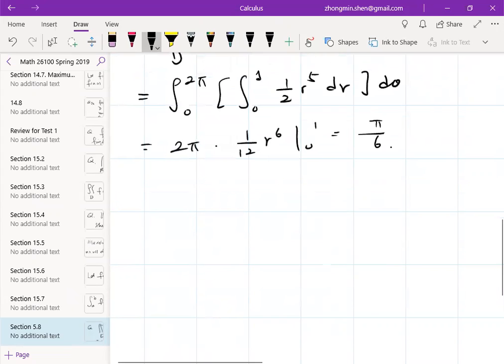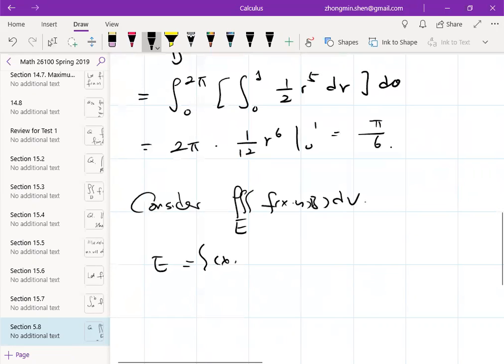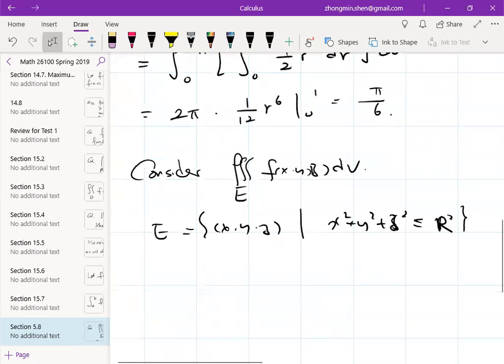For example, consider a triple integral of f(x, y, z) dV, and here E is going to be the sphere, the ball, which is 3-dimensional.